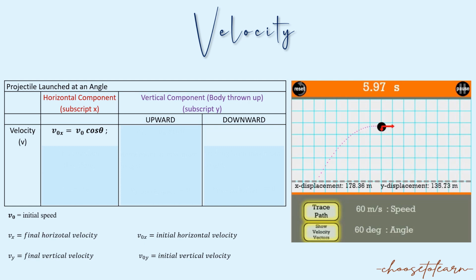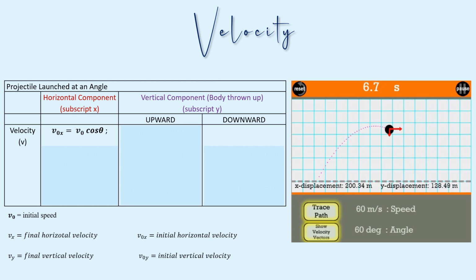So if we're going to find the initial horizontal velocity using the video, since the speed is 60 meters per second, that means 60 meters per second, which is the initial speed, multiplied by the cosine 60 degrees. So if we're going to calculate that, the answer will be 30 meters per second. That means the initial horizontal velocity is 30 meters per second.